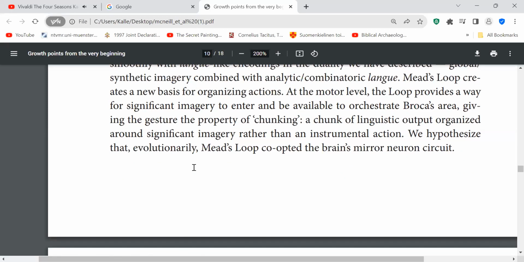Mead's loop creates a new basis for organizing actions. At the motor level, the loop provides a way for significant imagery to enter and be available to orchestrate Broca's area, giving the gesture the property of chunking.